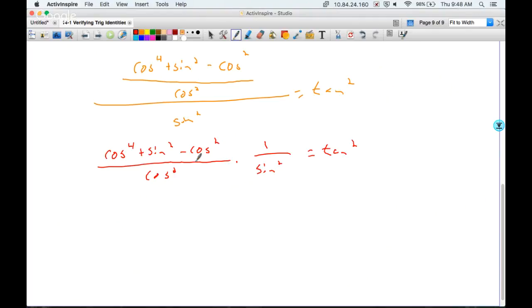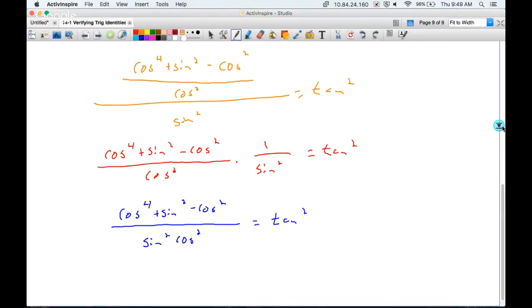What do I want to do here? Bring in the sine squared on the bottom. And then I'm going to want to factor out, yep, okay. So cosine to the 4th plus sine squared minus cosine squared all over, I'll do it in this order, sine squared cosine squared, equals tangent squared.